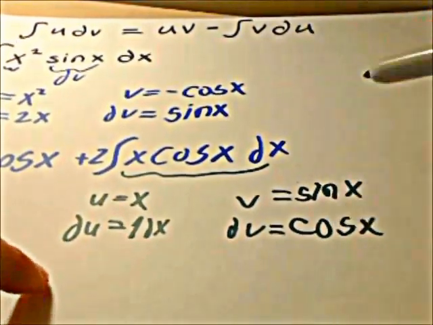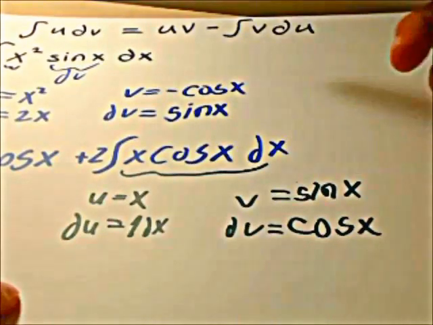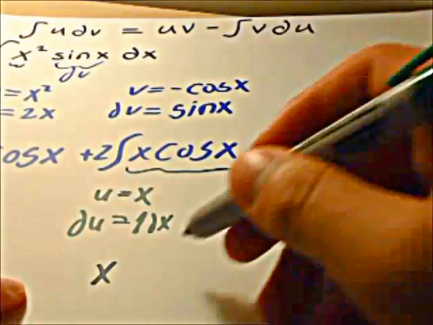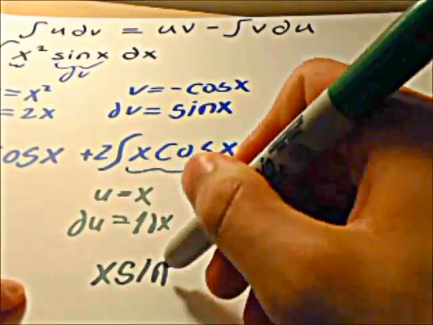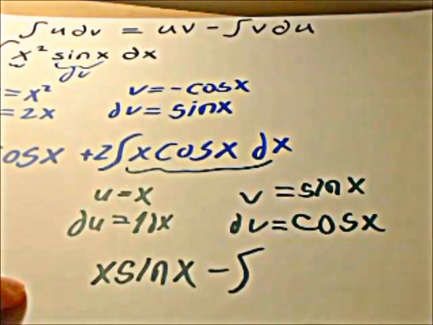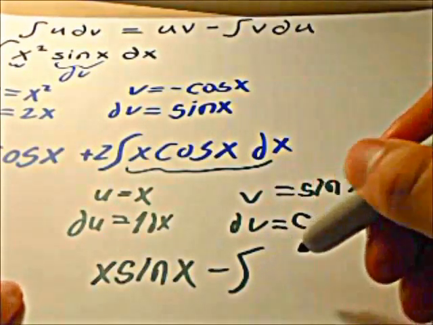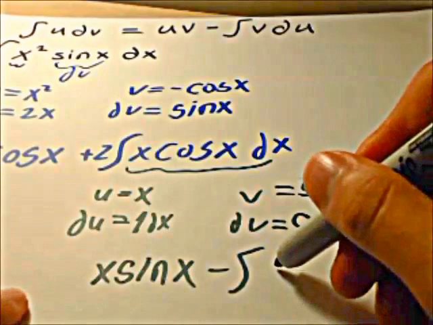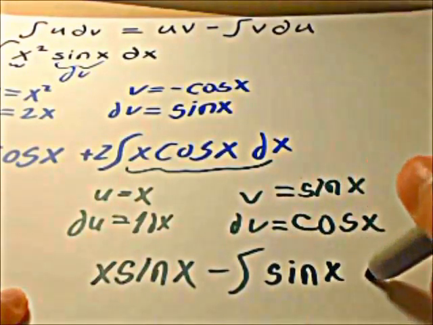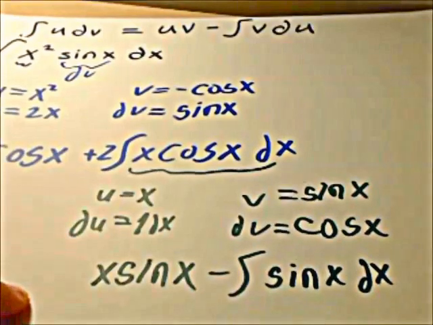Now I'm going to plug in the integration formula again, uv. So our u here is x, and our v is sine x, right? Minus the integral of v du. Well, our v here is sine x, and du is 1, so I'm just going to put sine x dx. Right?